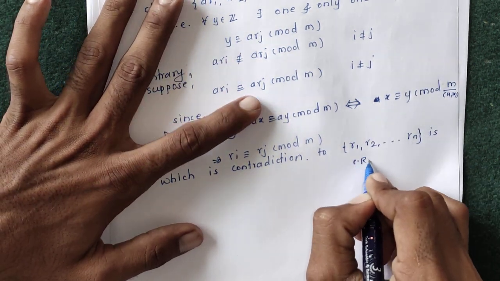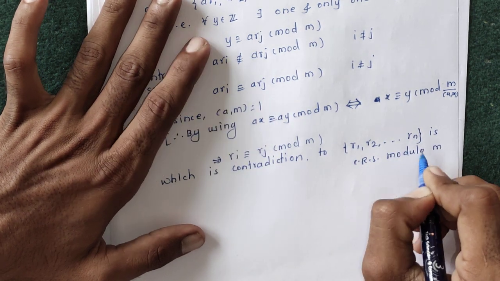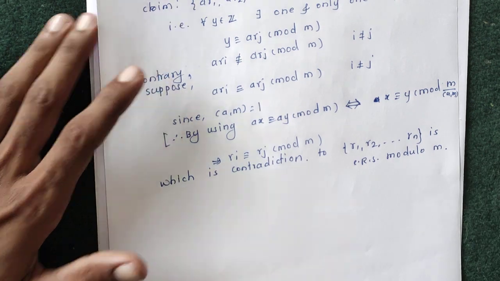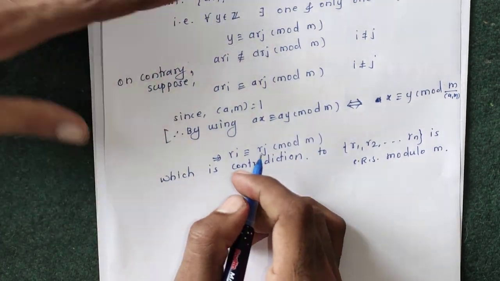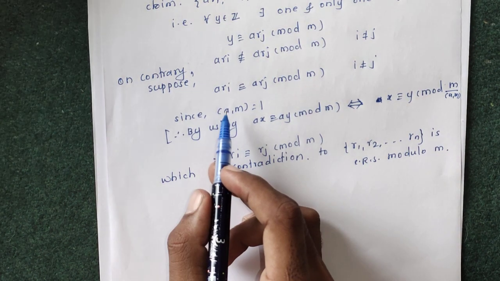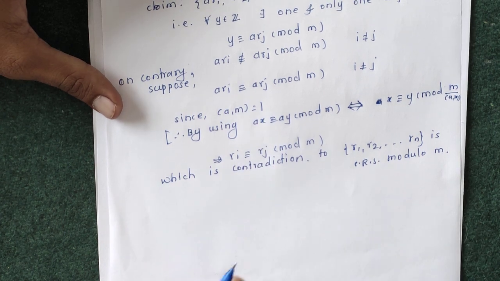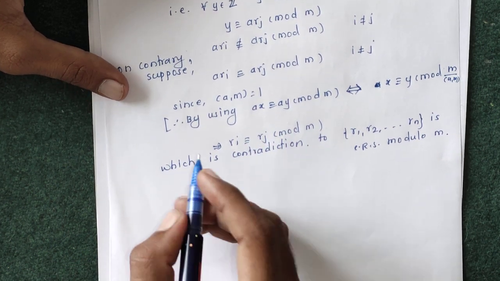Under modulo m, which is a contradiction to R1, R2 up to Rn being a C.R.S. So our assumption must be wrong. Hence ARi must not be congruent to ARj modulo m, and y must be congruent to ARi modulo m.